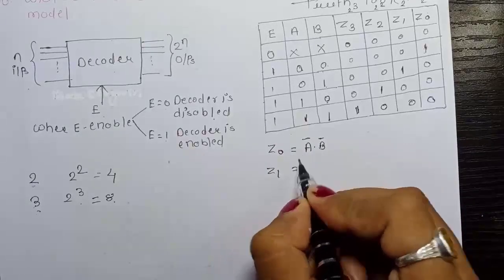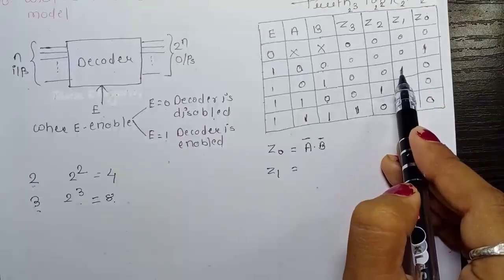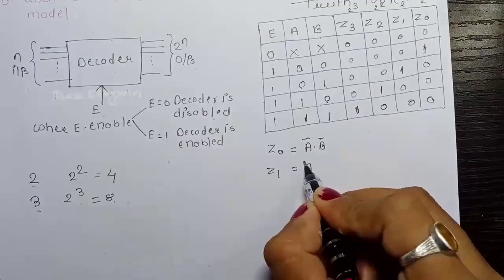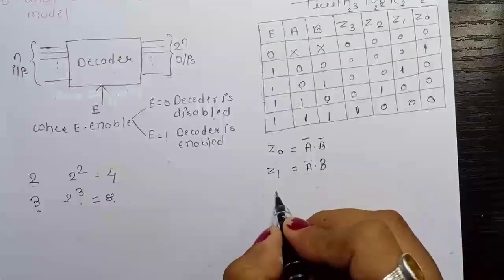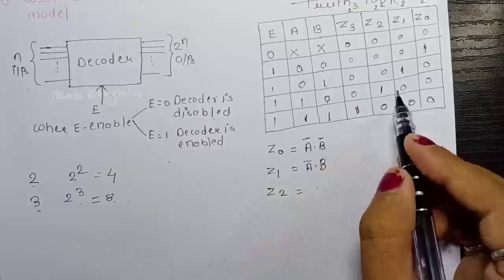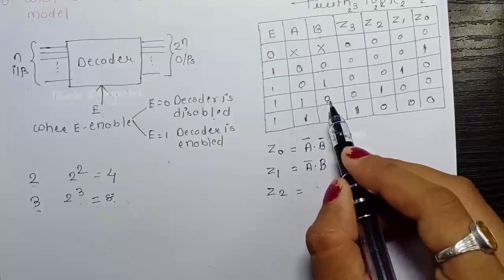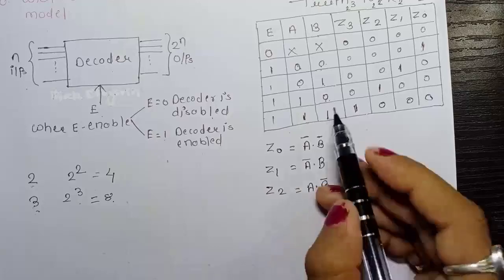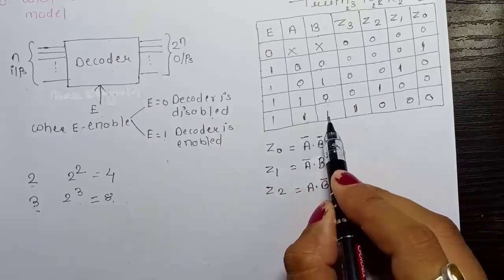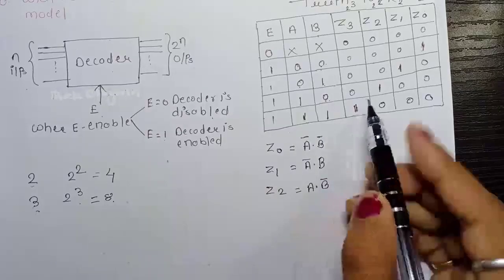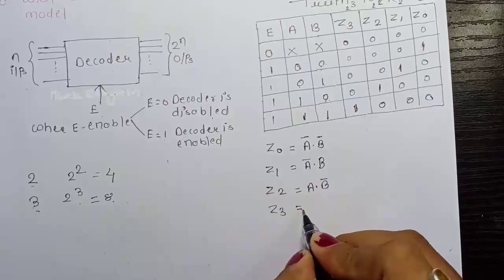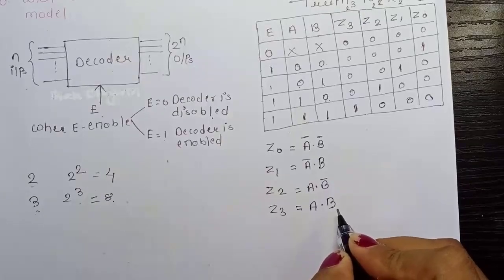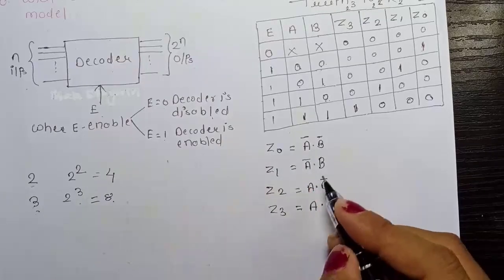Then Z1 is 1 when input A is 0 and B is 1, that means A bar B. Then Z2 is A and B bar, so A into B bar. And Z3, when both the inputs are 1, your Z3 will be 1. So Z3 is equal to A into B. So two inputs A and B.